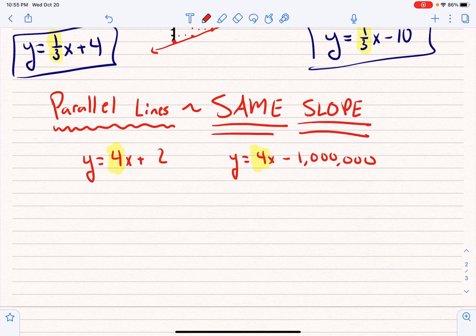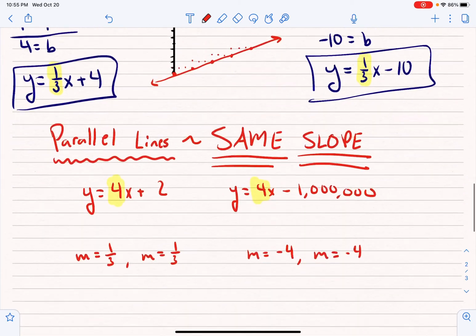That's an easy one. So if the slope of one of them is 1/3 and the slope of the other one is 1/3, then they're parallel. If the slope of one of them is -4 and the slope of the other one is -4, then they're parallel. I mean, that's just how it works. Parallel lines have the same slope. Pretty easy.